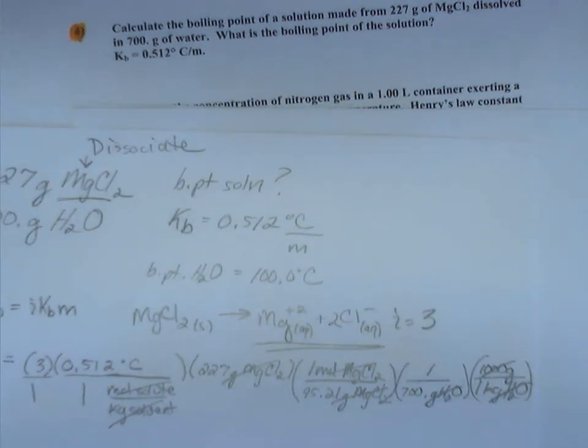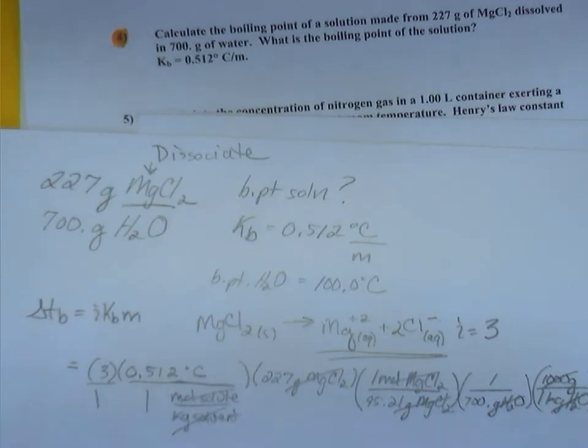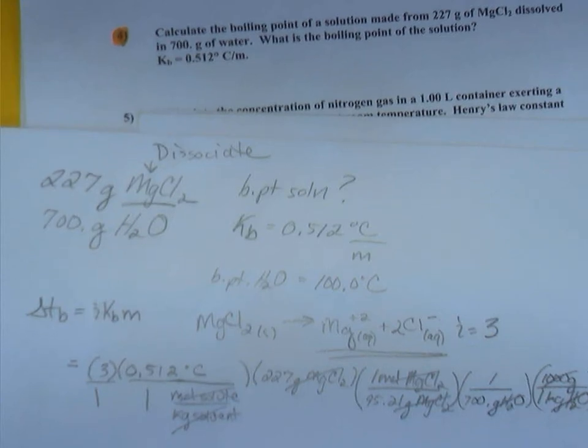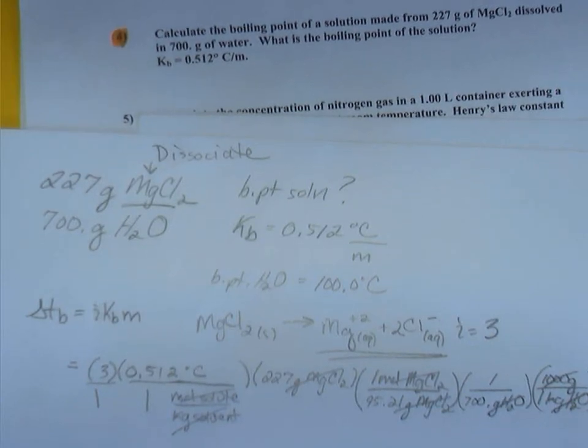So completing the math, 3 times the 0.512, all right, my first go round, I get 3 sig figs, 3, great. So 5.23 degrees Celsius. Let me just double check my math.